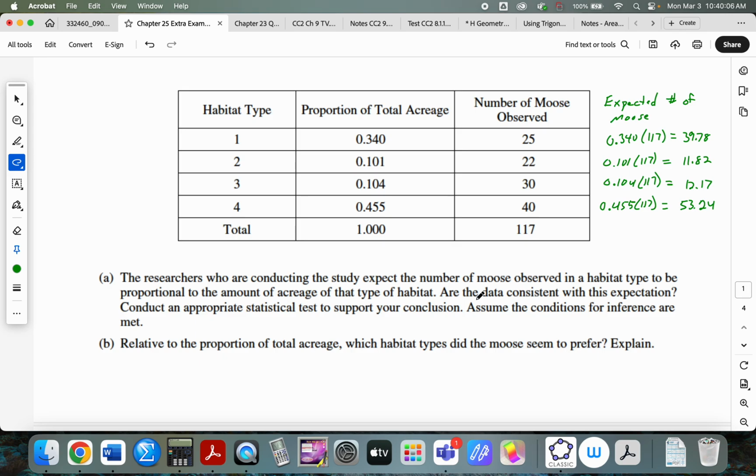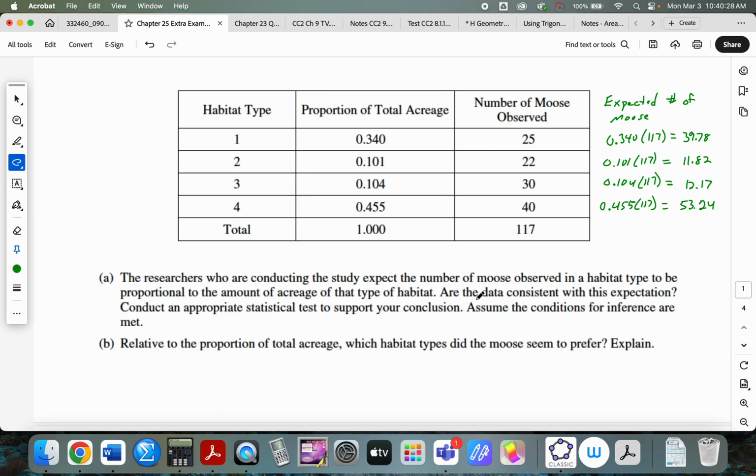So we need to do our hypothesis first? Yep, we need to do all that kind of stuff. I'm going to enter these into mine.